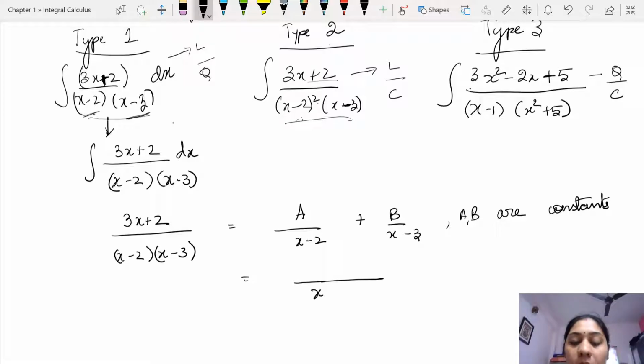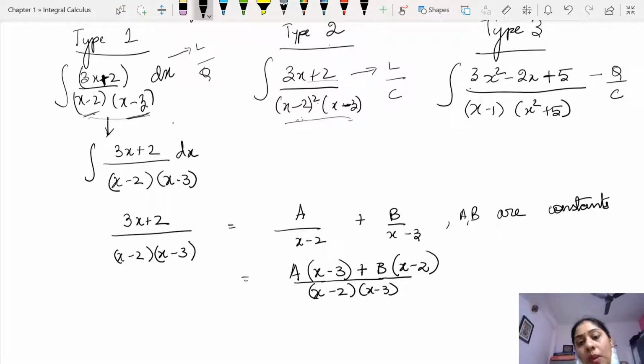When I take the LCM, I get (x - 2) and (x - 3) in the denominator. The numerator will be nothing but A(x - 3) + B(x - 2).